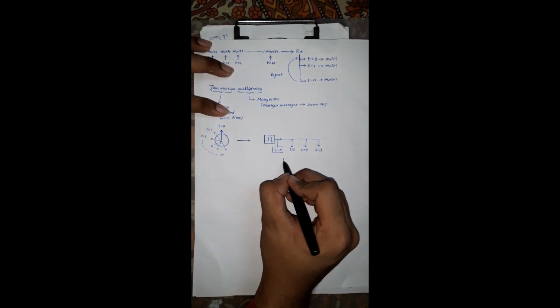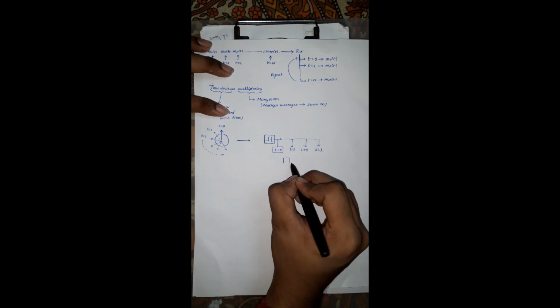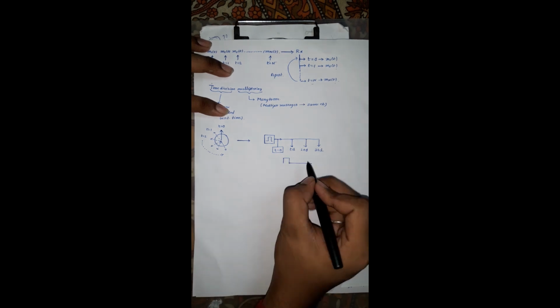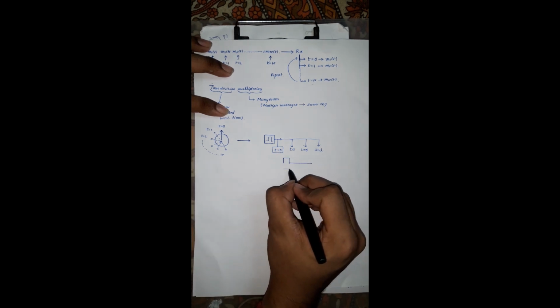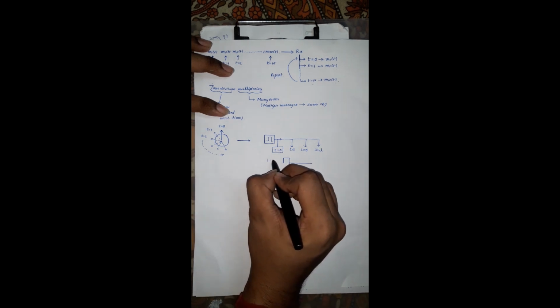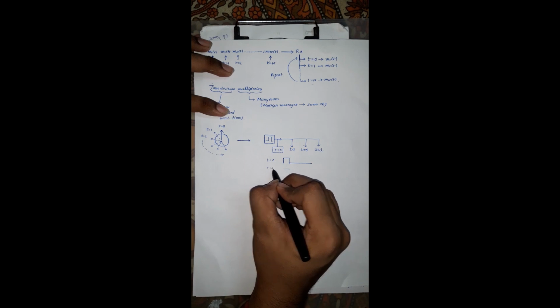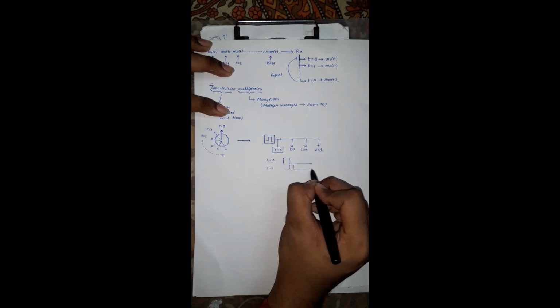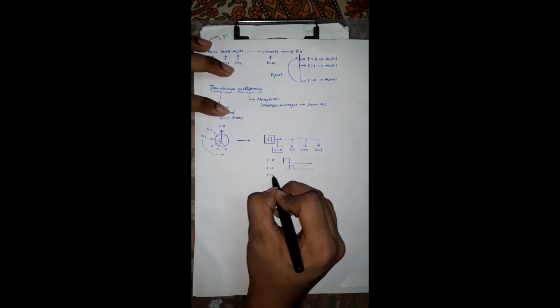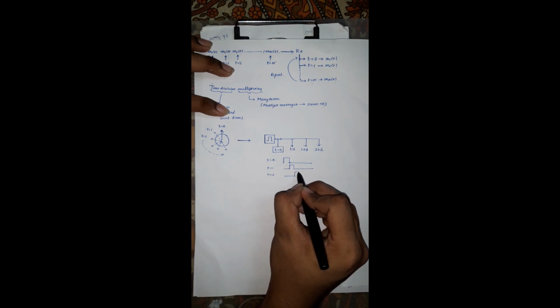As the waveforms are delayed, you will see that at t equal to 0 the pulse was there, but at t equal to 1 the pulse has been shifted over here, and at t equal to 2 the pulse has been shifted more.